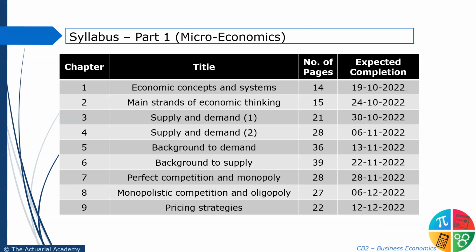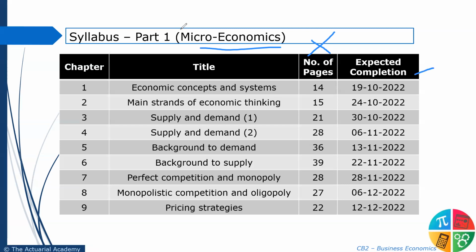The initial chapters come from microeconomics, and these are the initial 9 chapters. You can ignore the number of pages, because this is based on the CB2 book, and since it does not have much core reading, the number of pages is not a good indicator of the difficulty of a chapter.